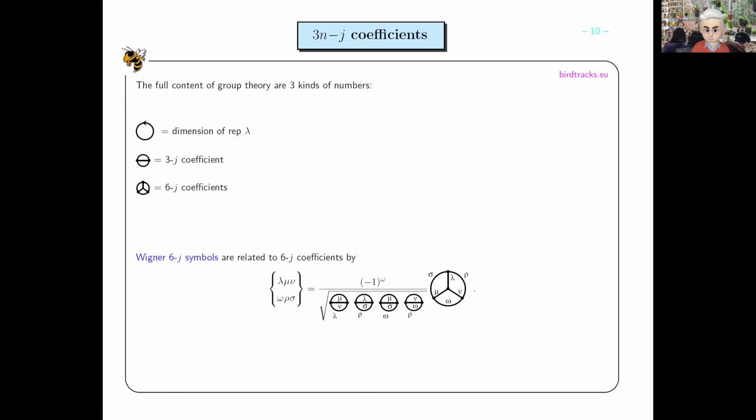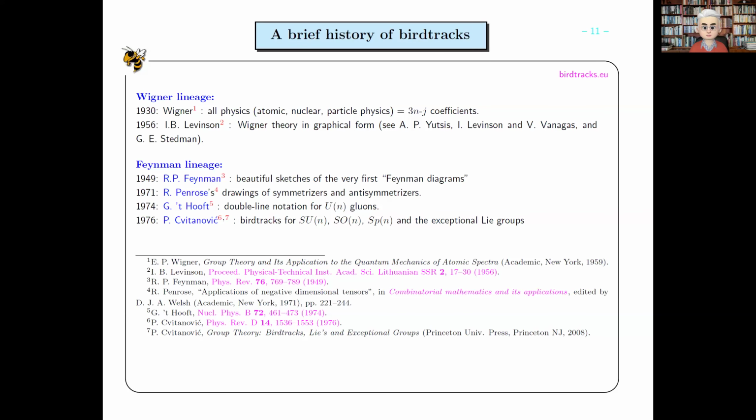This is an elegant way of doing everything. And then there's the other lineage. So chemists, atomic physicists like this stuff. Now, people who have a particle physics, quantum field theory background, they got inspired by Richard Feynman, who in 1949 made the first sketches, or maybe a little bit earlier, at the Shelter Island meeting.